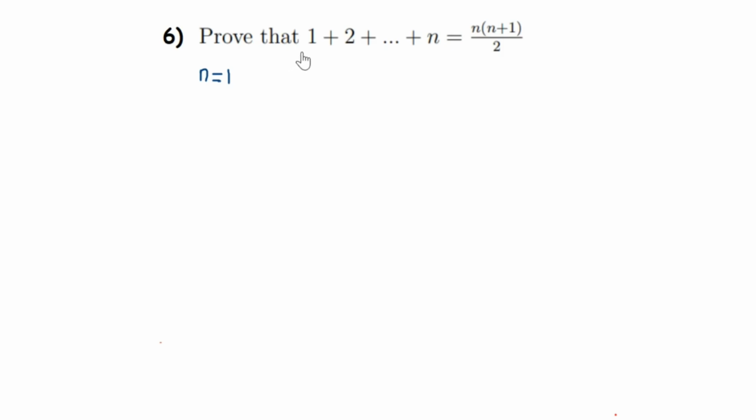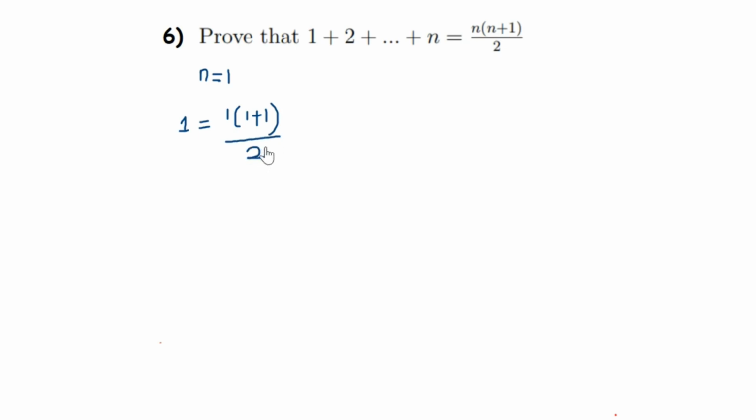So since we are taking n to be equal to 1, we take the first term in the series, which is 1. So 1 equals the formula n multiplying n plus 1, and in this case n is 1, so that's 1 multiplying 1 plus 1, all divided by 2.